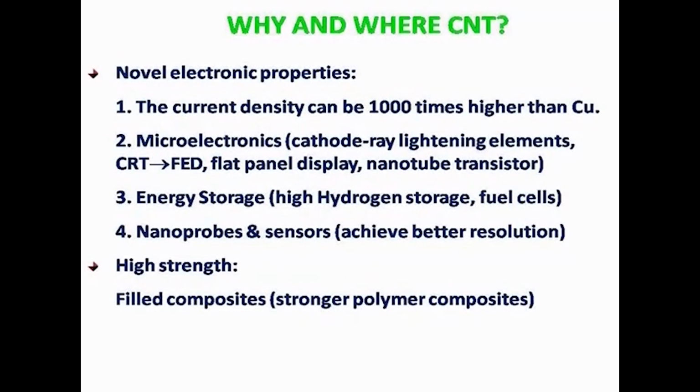The carbon nanotube has resistivity of the order of 10 to 50 micro ohm meter, whereas for copper it is 0.01 micro ohm meter. Even compared with silver, it is approximately 100 times higher. It can be utilized in microelectronics such as cathode ray lighting elements, CRT, flat panel displays, and nanotube transistors.